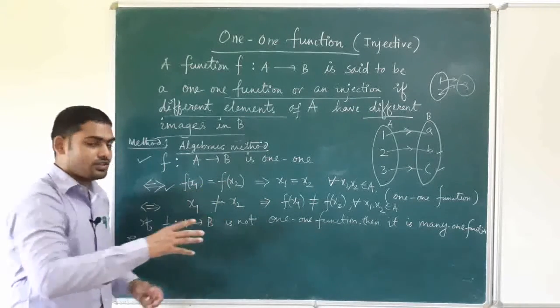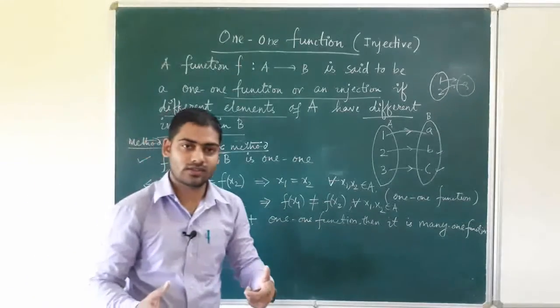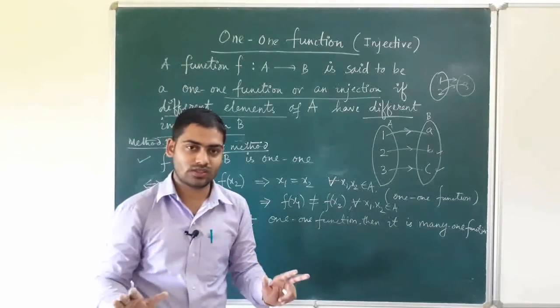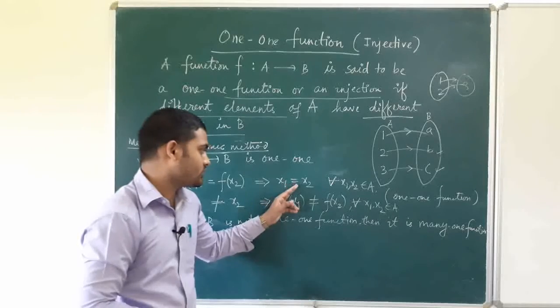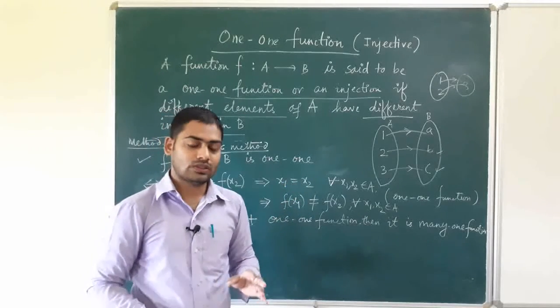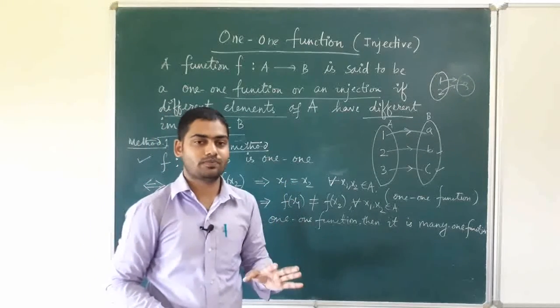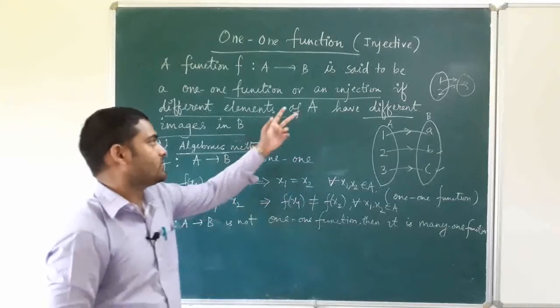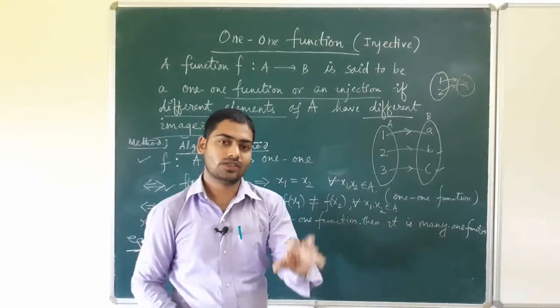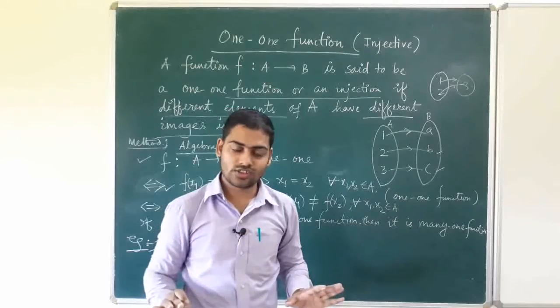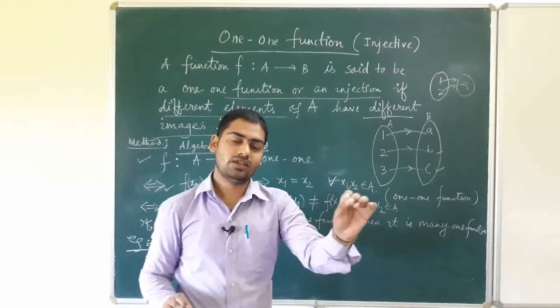Then you simplify it. After simplification, if you are getting x1 is equal to x2, then you can say yes, the function is a one-one function. Otherwise, it is a many-one function.